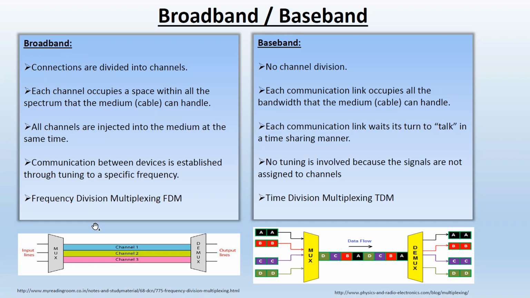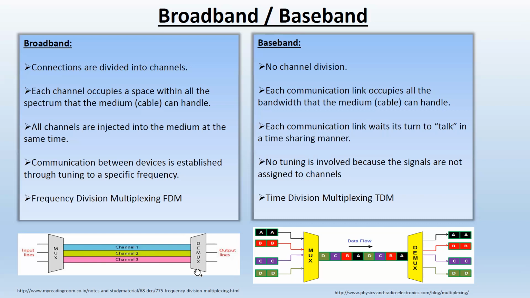So if we have a cable, and I'm just going to put channel 1, 2, and 3 here, but there could be 100 or 200 channels. We have a multiplexer and we have a demultiplexer. All right, so here is the broadband. All the content is there at the same time. The purpose of the multiplexer is to combine all the signals that are coming in and put them into one big mishmash of frequencies and just shoot them down the pipes.